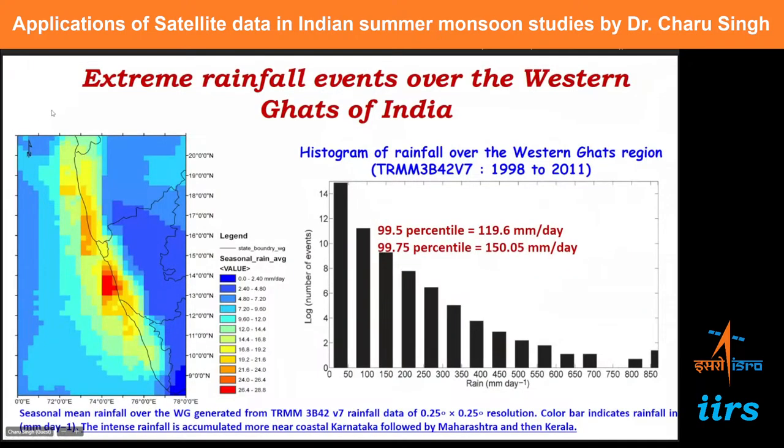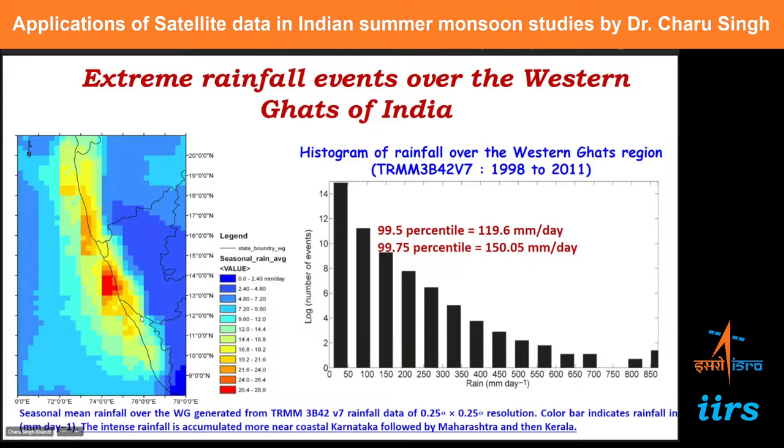So the application of the satellite data sets is shown here for the Western Ghats region. Here what we note is that the seasonal mean rainfall is maximum over the Karnataka region, the coastal Karnataka region, if we compare the 3 Western Ghats states, Kerala, Karnataka and Maharashtra.